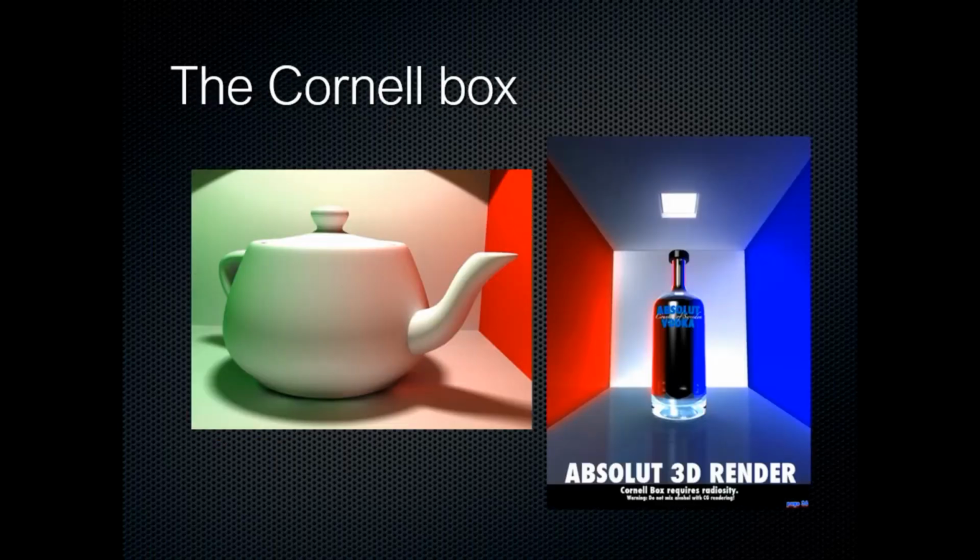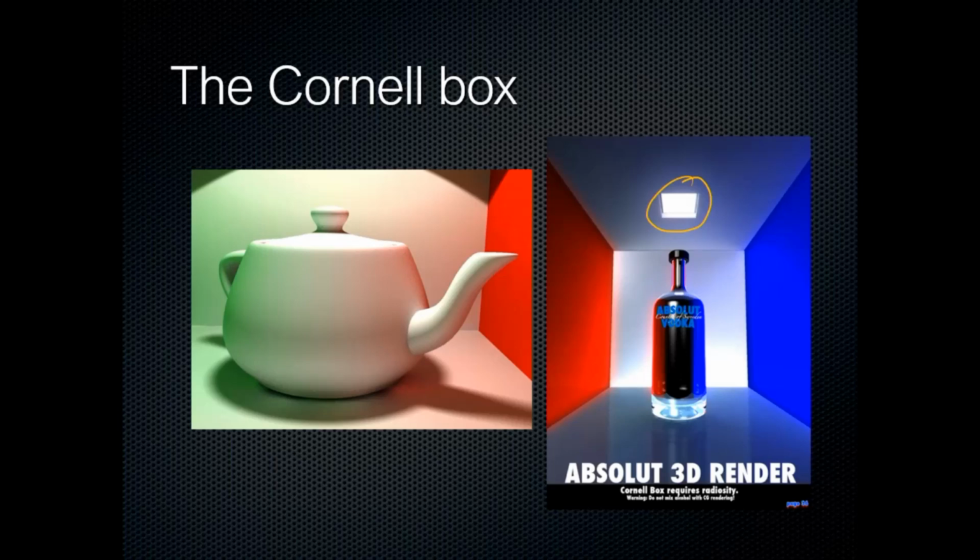The Cornell box, from Cornell University, is a famous way that this method was developed. We're trying to take a box with a light source at the top, so like this, and make an image that's artificial, that's indistinguishable from a real image.